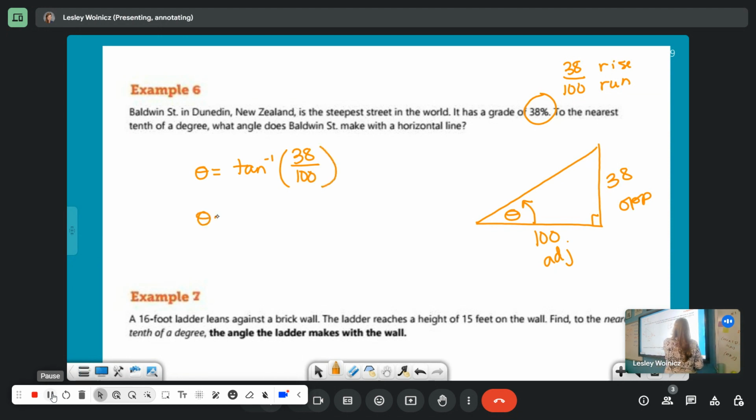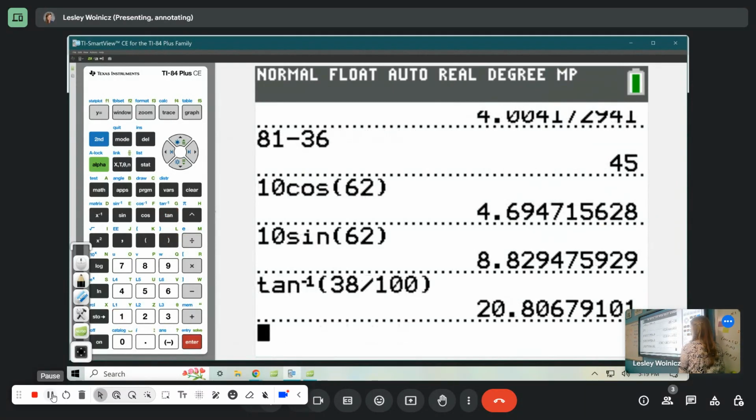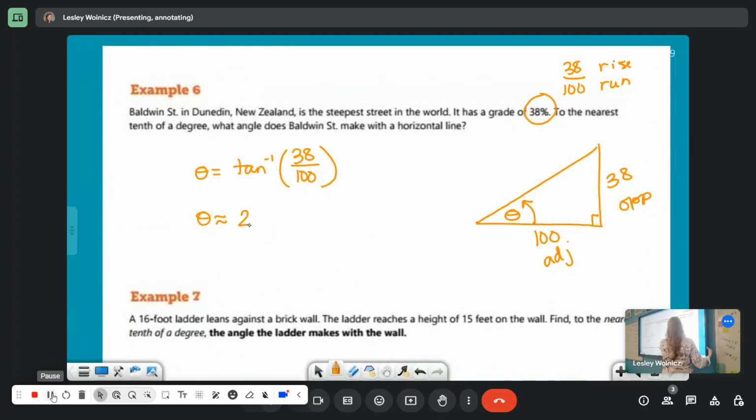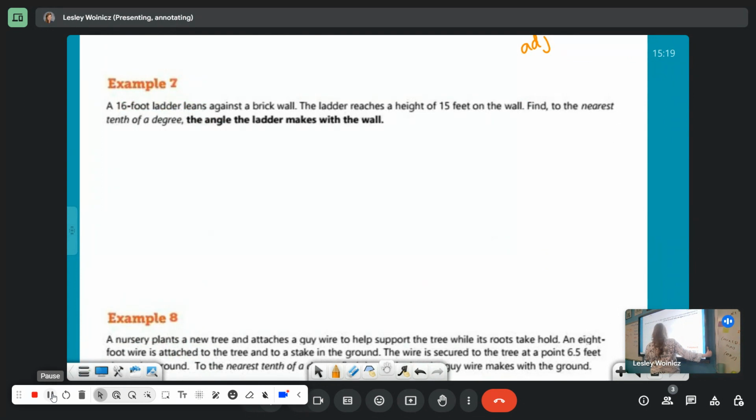So theta is approximately, to the nearest tenth, 21.8 degrees. Easy enough, right? As long as you know how to do the picture, it's not any different than the other problems.